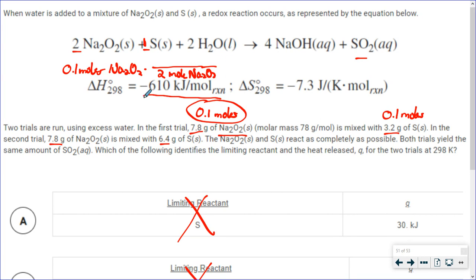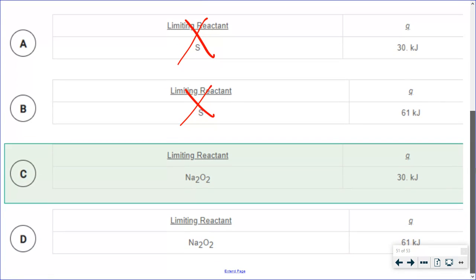I would produce 610 kilojoules of energy. And if you take 0.1 divided by 2, you get 0.05, and multiply that by 610, and you get 30, or really close to 30. And that's our answer right here for C.